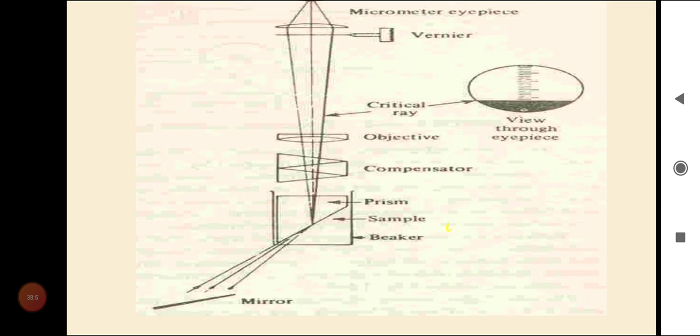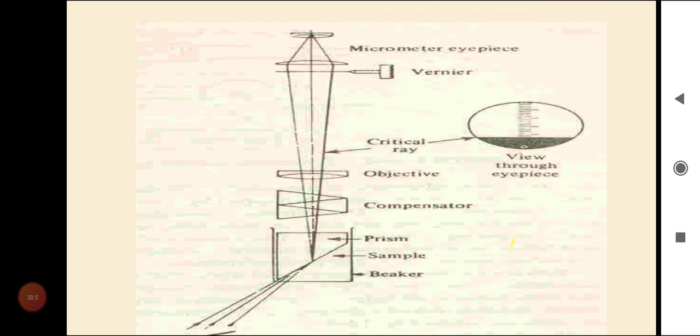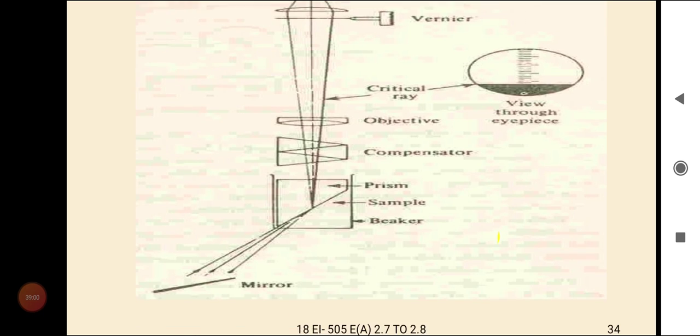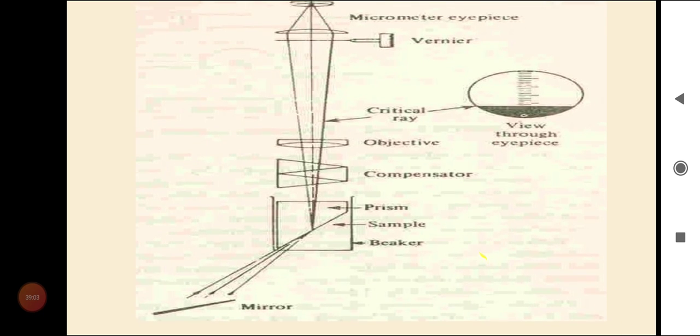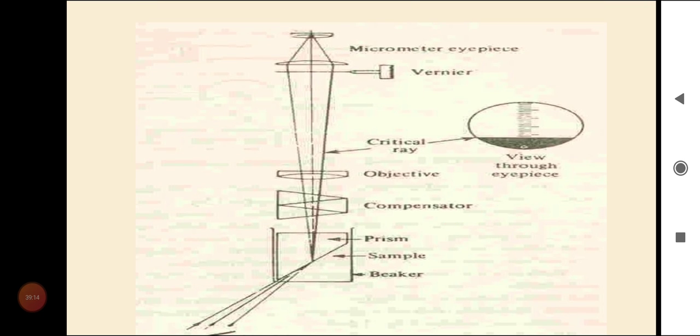The prism is dipped into the sample whose concentration is to be found out using the refractometer. When a ray of light passes from one medium to another, its refraction causes the critical ray to change. By measuring the vernier scale and micro eyepiece, we can identify the critical ray, which corresponds to the concentration of the solution.